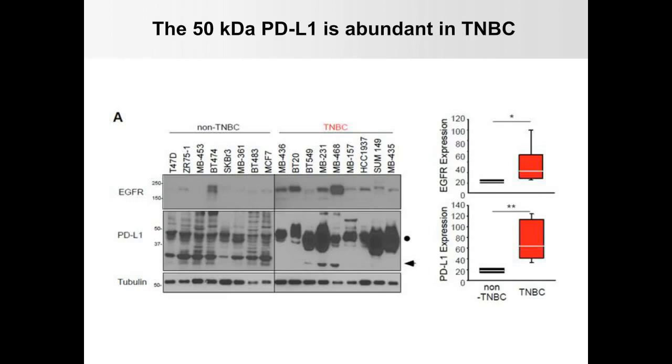EGFR is highly expressed in triple negative breast cancer, which has been known. And PD-L1 also shows very high abundant expression at molecular weight 50, whereas at molecular weight 33 kilodalton, here at the red arrow, we don't see much expression.